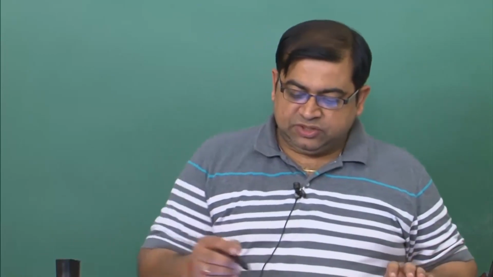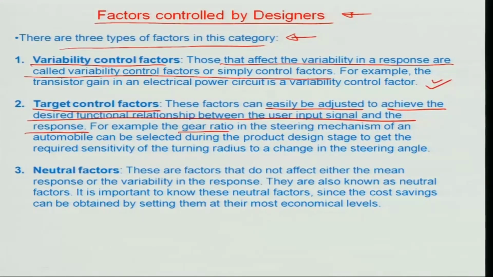So that gear ratio is about the way that the rack and pinion assembly would move, which would enable the car to steer right or steer left based on the angular rotation of the steering wheel. This is again a designer's control domain, and the designer can give a very sensitive steering by having a commensurate gear ratio or vice versa. So this is again a target control factor.